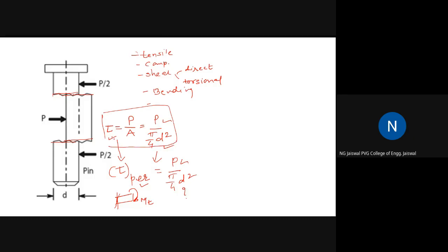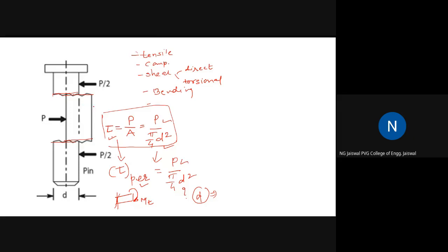If the induced stress is unknown, we equate it to the permissible stress, which is known from some other source, maybe material properties. Then the equation becomes permissible shear stress equal to P upon pi by 4 d square, where P is known, and I can find out the value of d. Once you get this value of d, you are designing the diameter of the pin in such a way that it will not fail under shear stress.